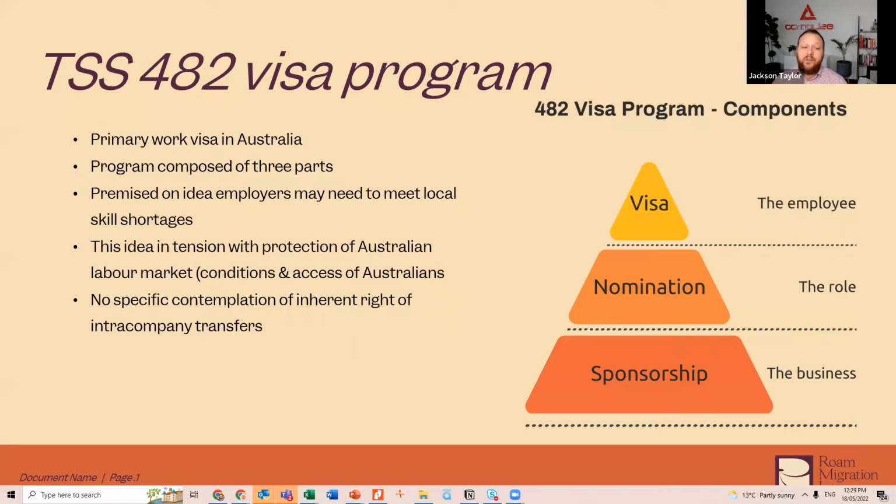And as a result, we see a number of issues arise in the program because of the conflict between what it's really supposed to be about, these short-term skills gaps, versus what the reality is in the labour market. For example, there's no specific contemplation of an inherent right for companies to do an intra-company transfer.